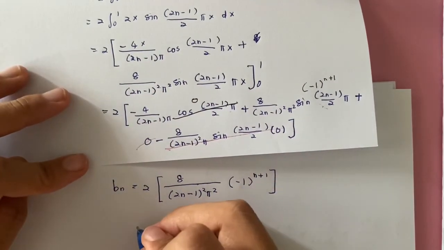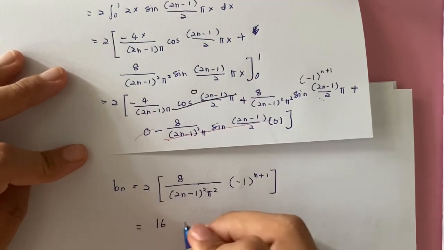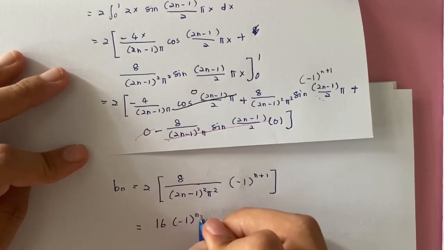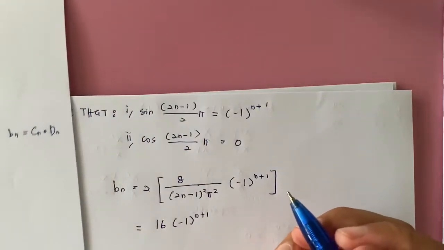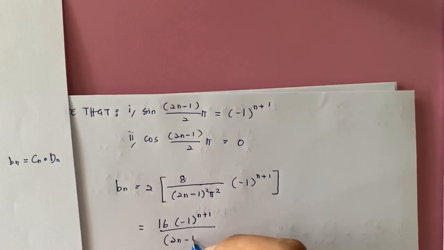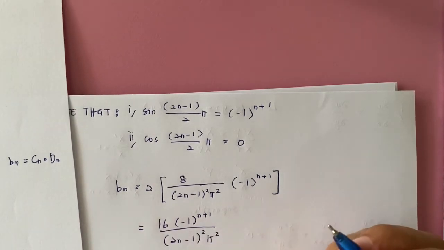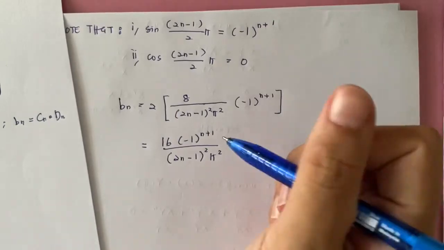Okay, so this is equal to 16 times minus 1 to the power of n plus 1 over (2n minus 1) squared pi squared. So our Bn is equal to this.